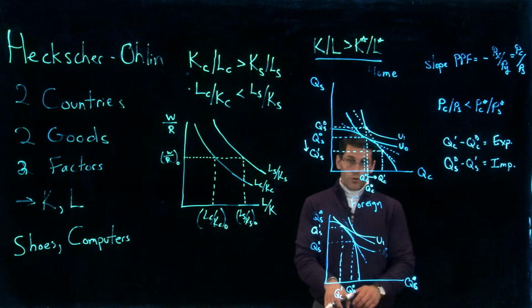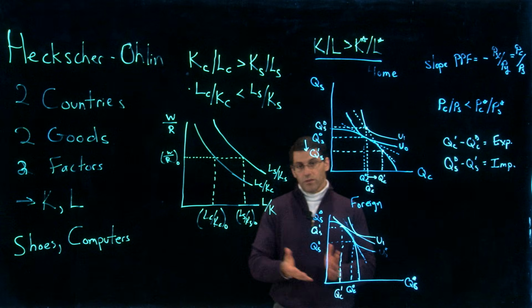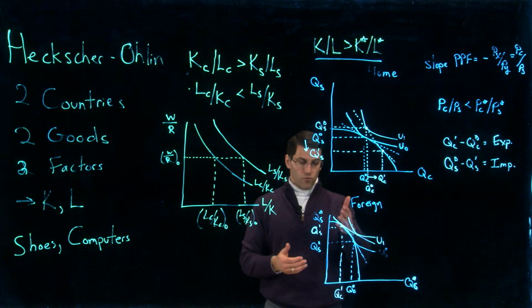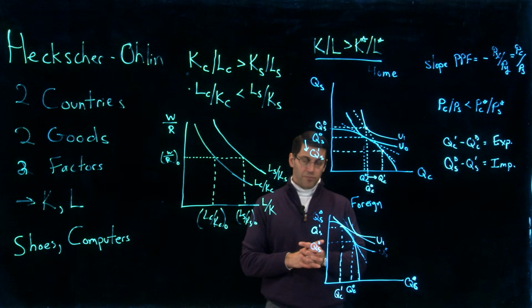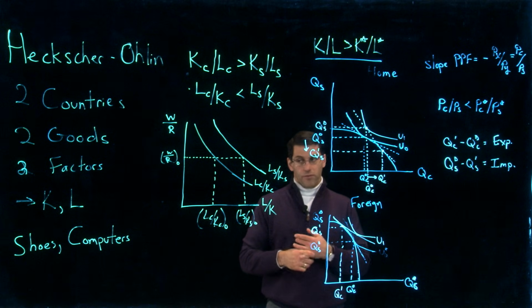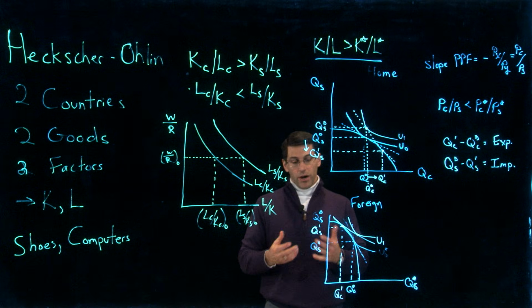So their direction of specialization is the opposite from what we have for the home country. Shoe production is labor intensive, and the foreign country is labor abundant.